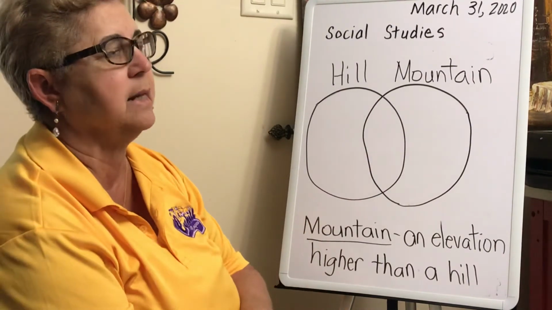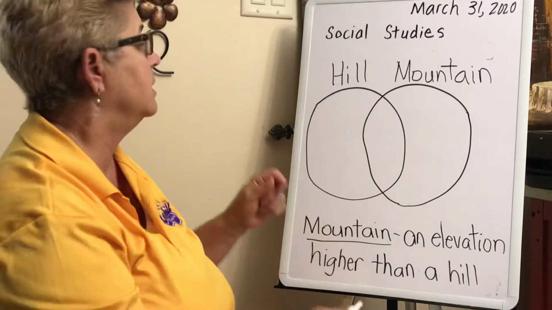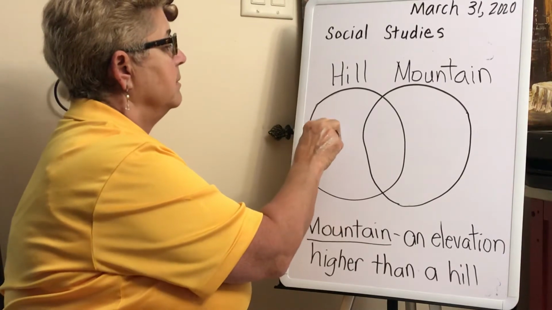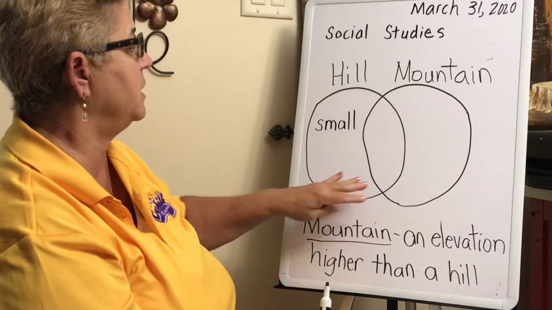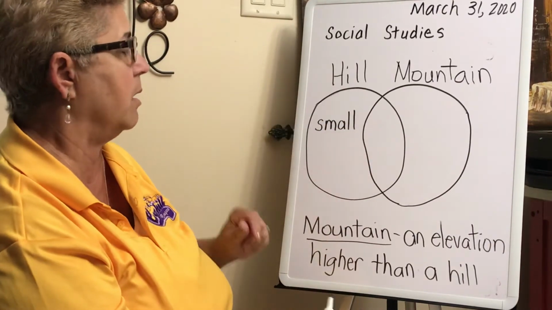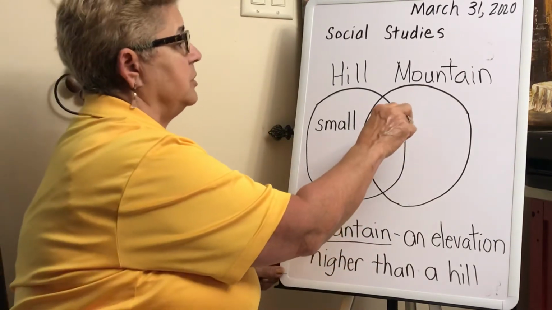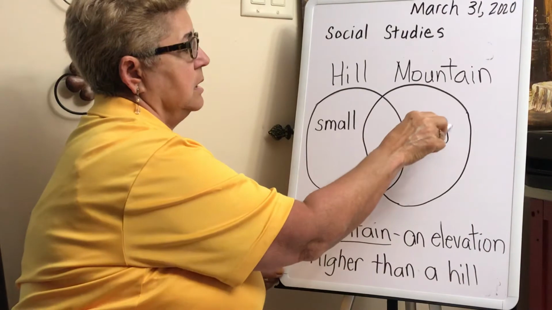So let's think about a hill. We said a hill is small. So we can write the word small, S-M-A-L-L, and we're putting it in the circle of the hill because the hill is small. And the mountain is large, L-A-R-G-E.